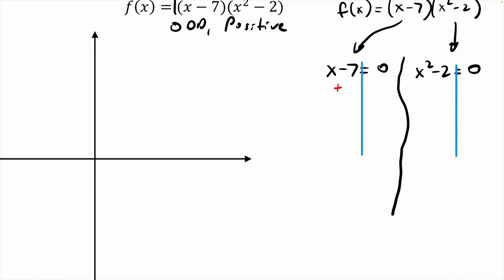Add 7 to both sides. So at positive 7, remember on the x-axis, the next guy, add 2 to both sides.